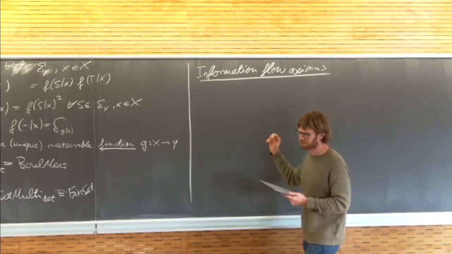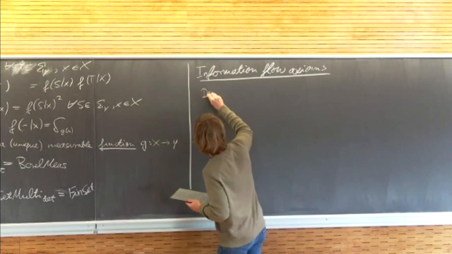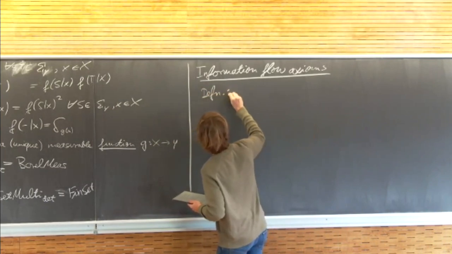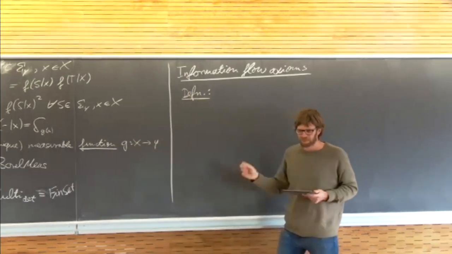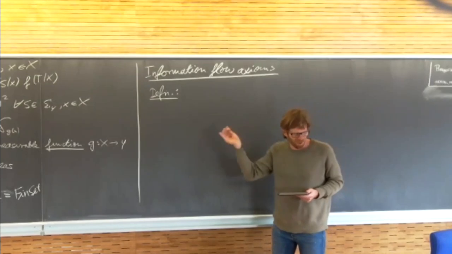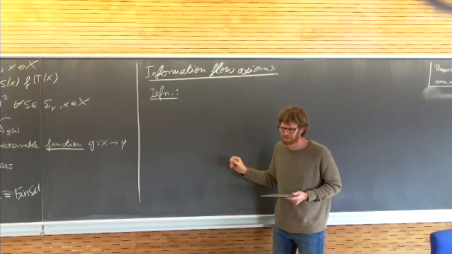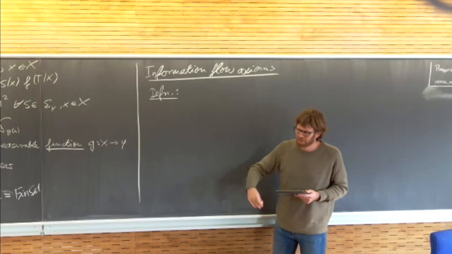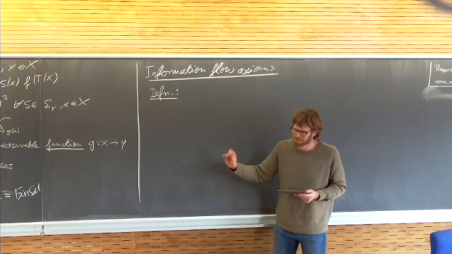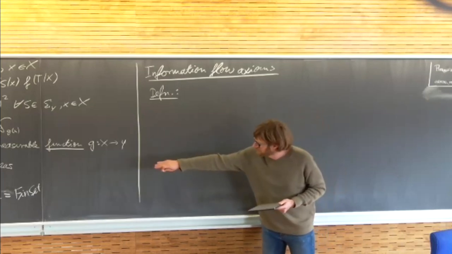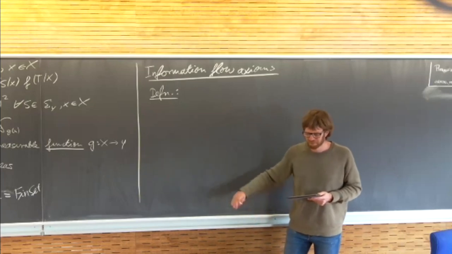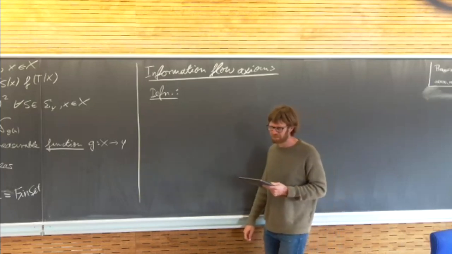Okay, but for this we want some additional axioms. And one of the nicest ones is what we call the positivity axiom. It's called positivity precisely because it's related to the non-negativity of probabilities, and also in some way to positivity in a complete positivity sense.